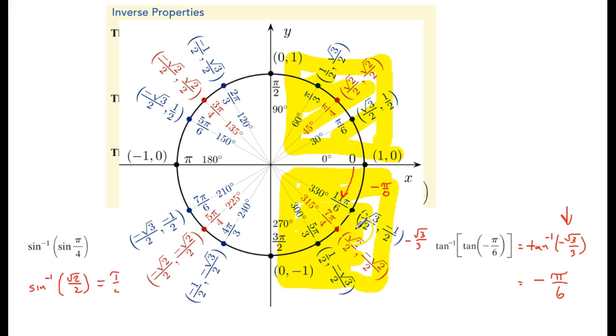Now it's not equal to 11 pi over 6, even though that's what it says on the unit circle. It's because when we define arctangent, it's from negative pi over 2 down here, even though that's 3 pi over 2 on this unit circle. Arctangent's defined from negative pi over 2 to positive pi over 2 because we want the smallest angles in absolute value that could cover the entire gauntlet of the tangent's output.